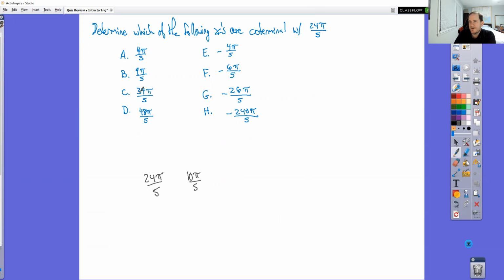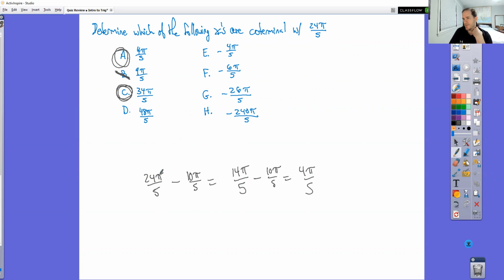So for these positive ones, adding on 10 pi over 5 does give 34 pi over 5. So this is correct. Subtracting this gives 14 pi over 5. That's not an option. But subtracting 10 pi over 5 again, you get 4 pi over 5. So that's correct. That means 9 pi over 5 is not correct.